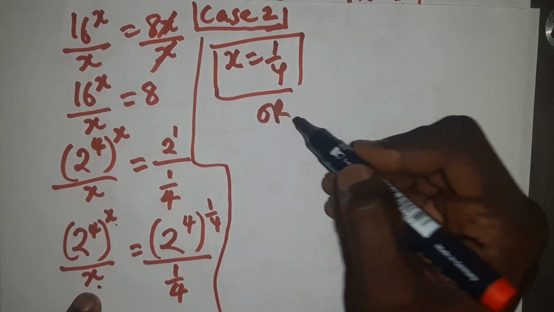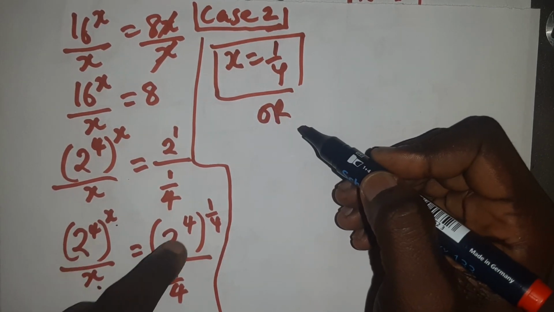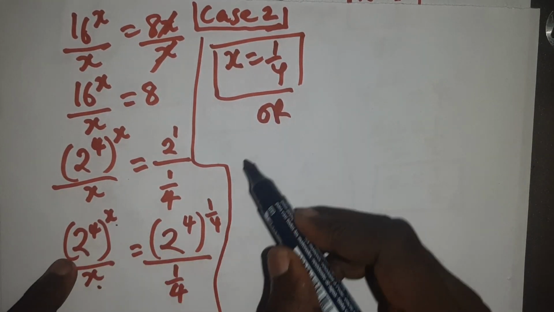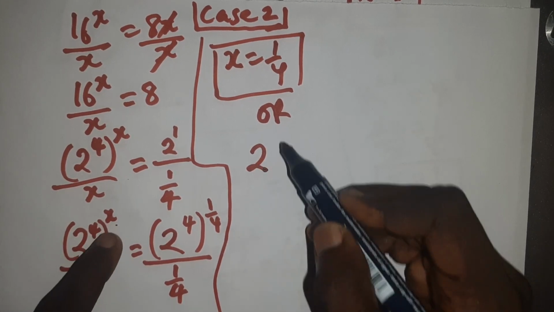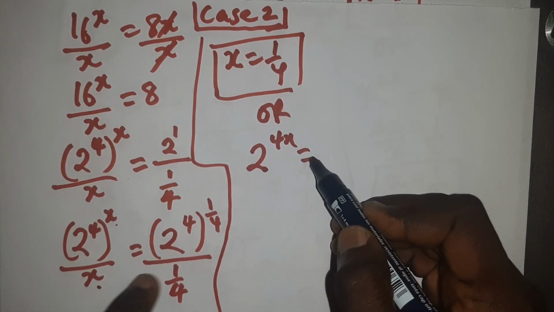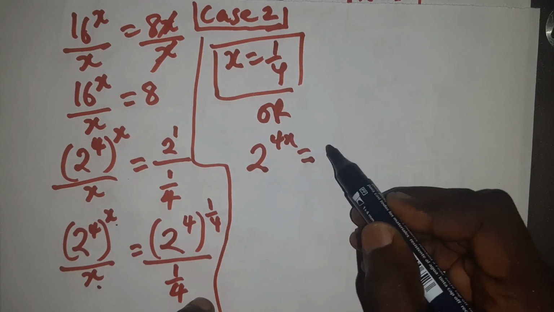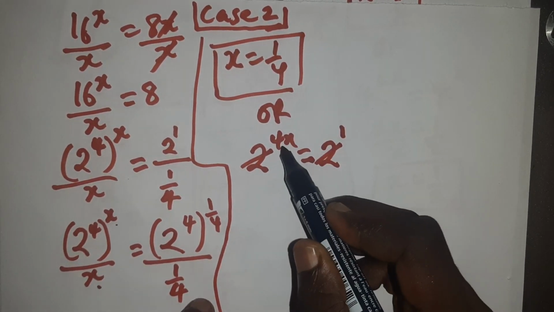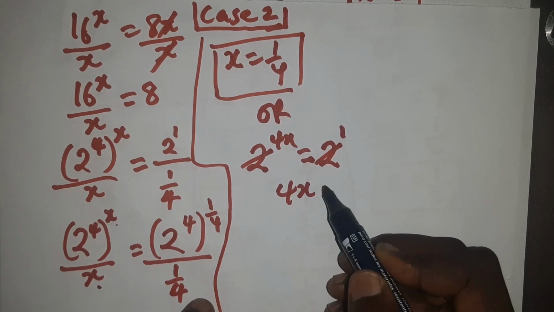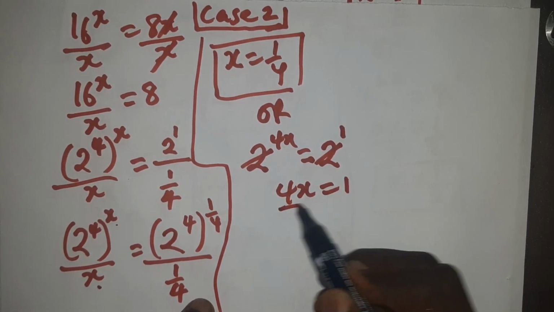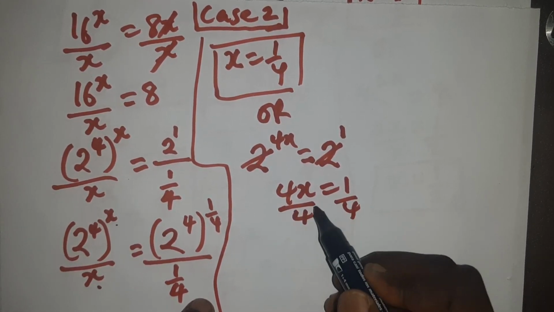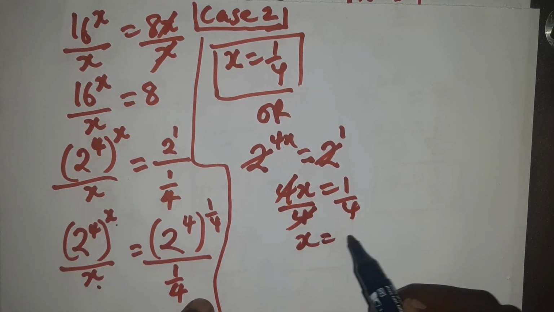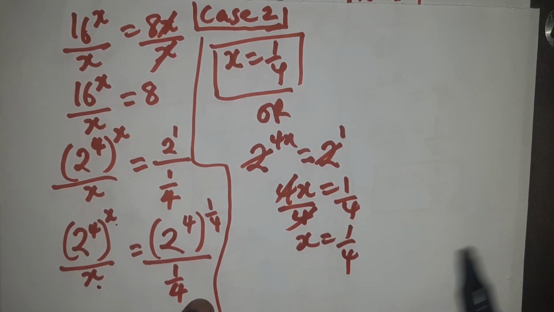Or we can just further stress ourselves by equating the numerators. Of course, we can now say 2 raised to the power 4x equals 4 times 1 over 4, which is 2 raised to the power 1. So we can now cancel out the bases. We are left with 4x equals 1. And then dividing both sides by 4, we have x equals 1 over 4 also.